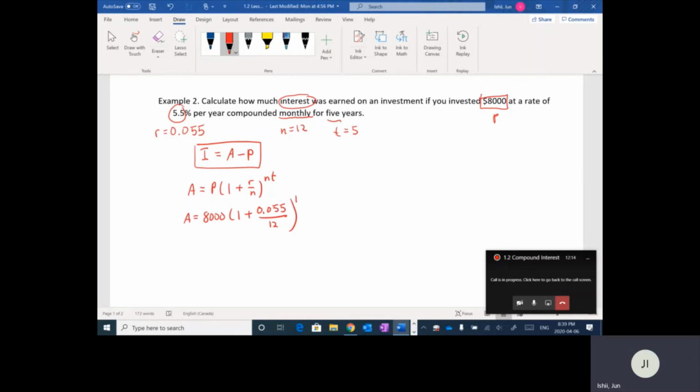And up here, I'm going to put n, which is 12, multiplied by 5. When you sub in the values, this is what your formula should look like. Let's work this out. I'm going to do the brackets first, so let me pull that calculator back up.